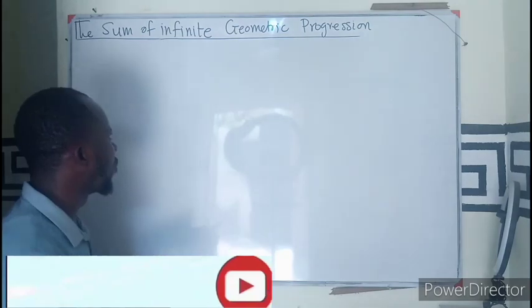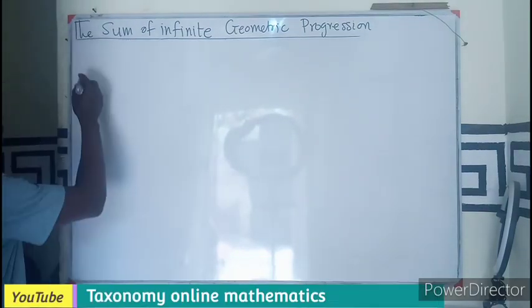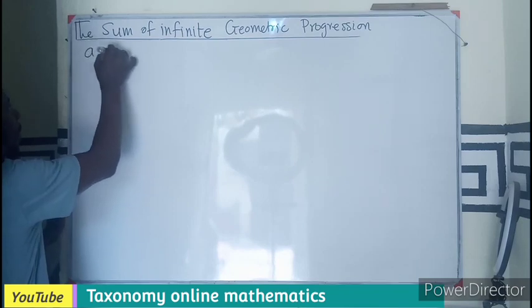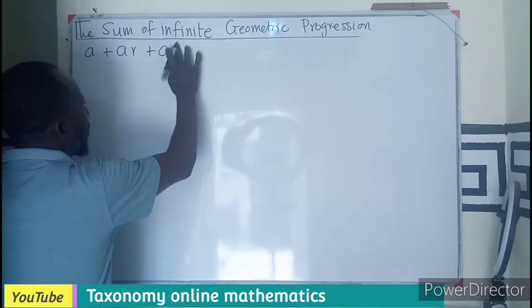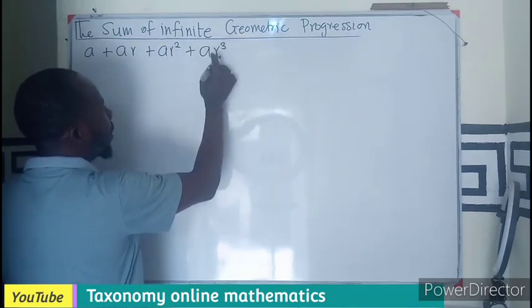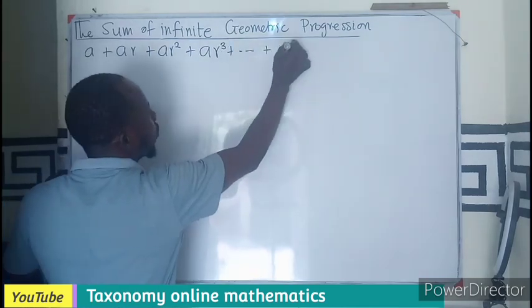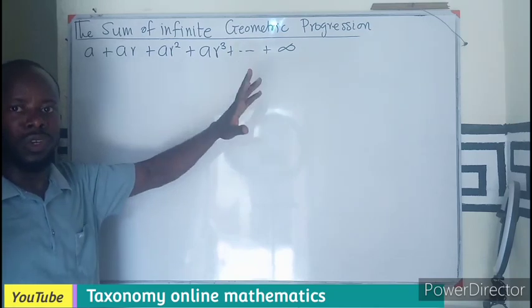Now, if we want to take a series, which is the addition of the sequence of a GP, it is A plus AR as the first two terms, this will be the third term, the fourth term, then we continue to move up to infinity, meaning the series continues.